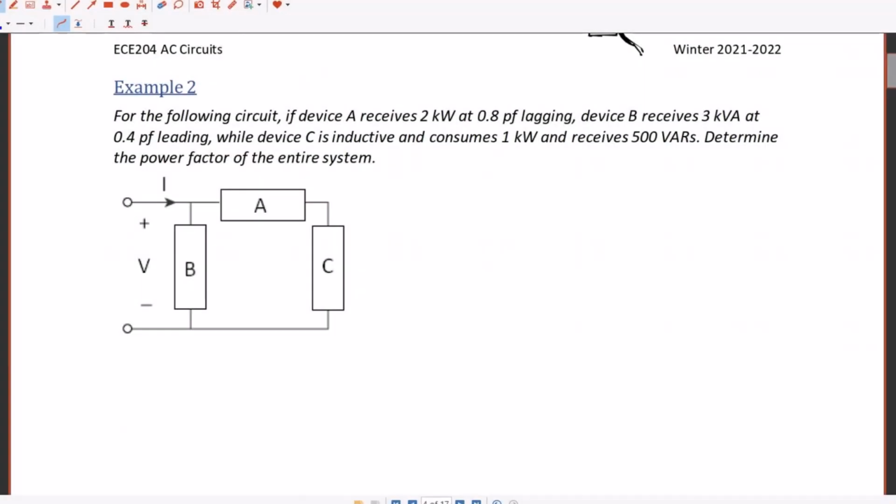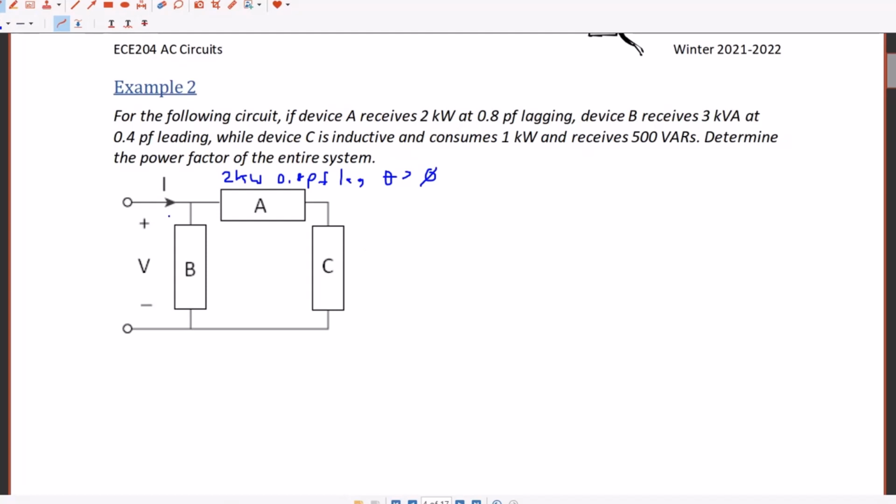Example 2. For the following circuit, if device A receives 2 kilowatts at 0.8 power factor lagging, okay, so this is going to be 2 kilowatts, 0.8 power factor lagging, okay? Lag means that the angle is going to be greater than 0.